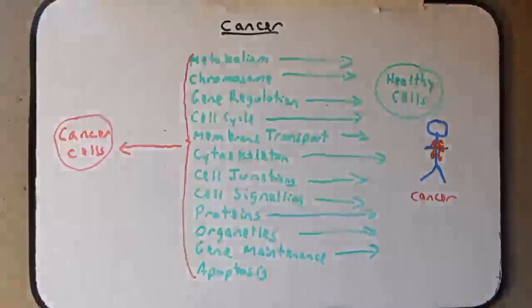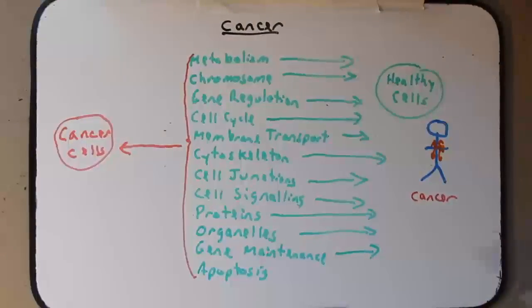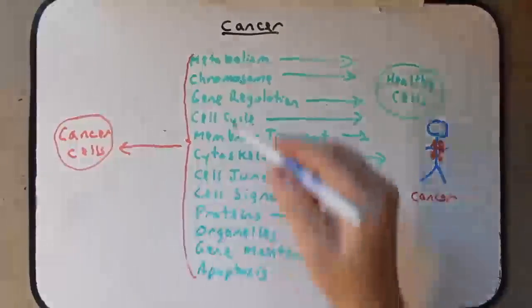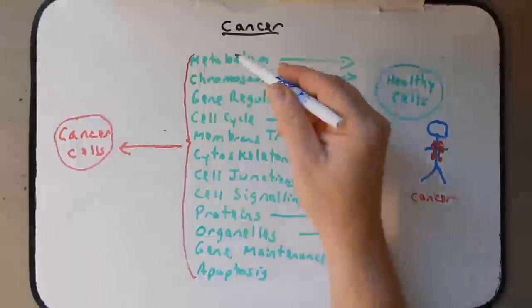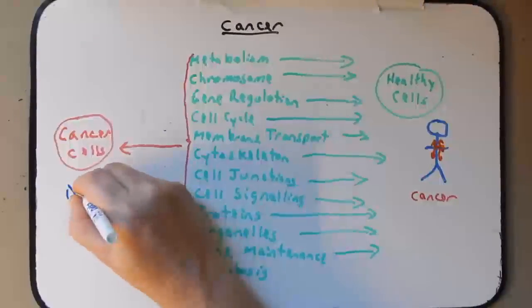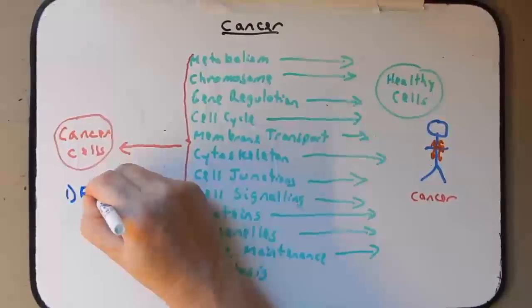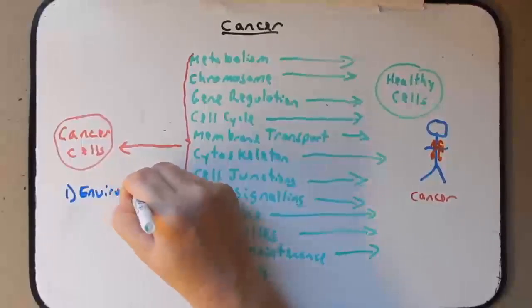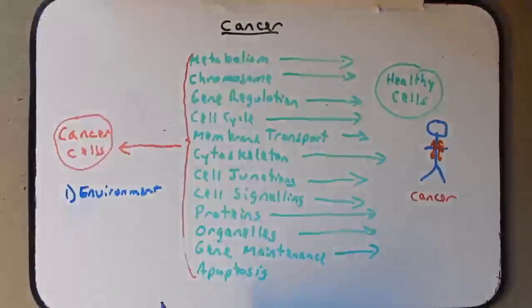How do these cancer cells form? Well, I said these things become dysregulated to some extent, but the events that lead to the disruption of these processes are largely defined by the environment of the individual.